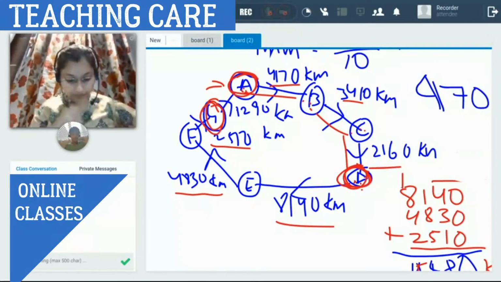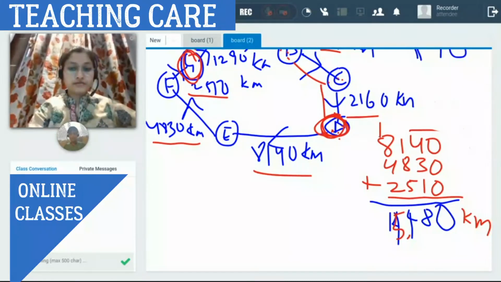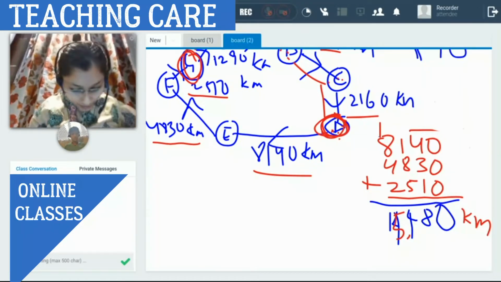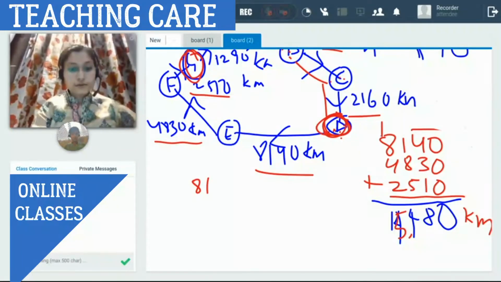Then you have to find the difference of distance from C to D and D to E. Got it? What I'm asking? 2160 and 8140.